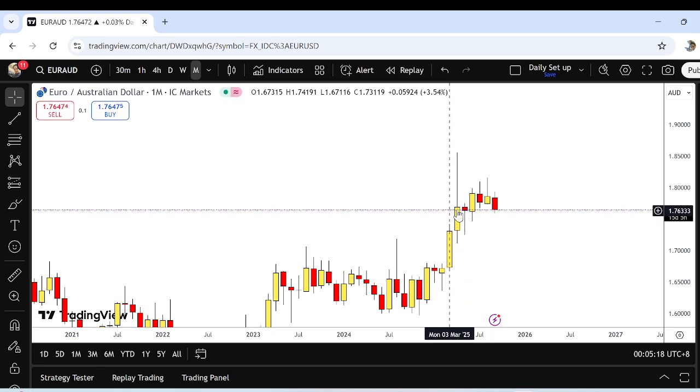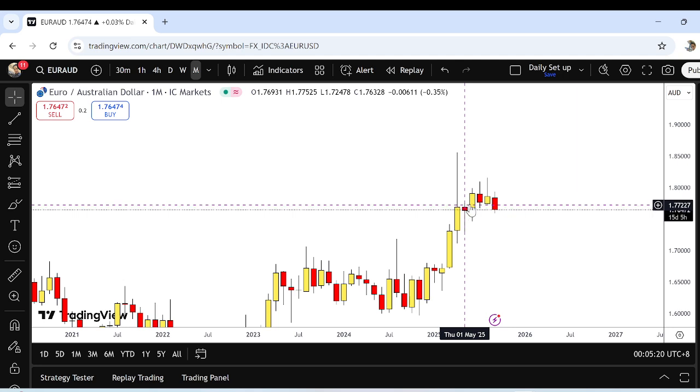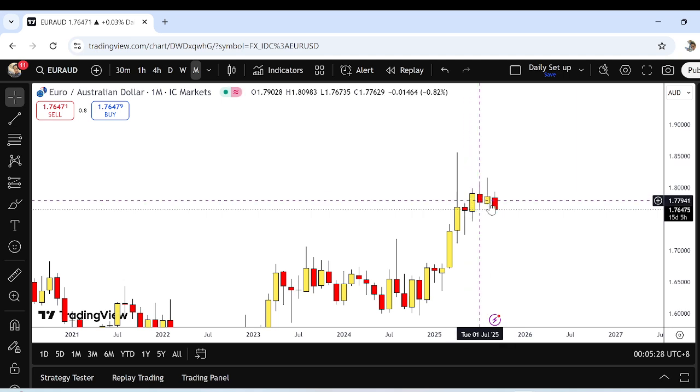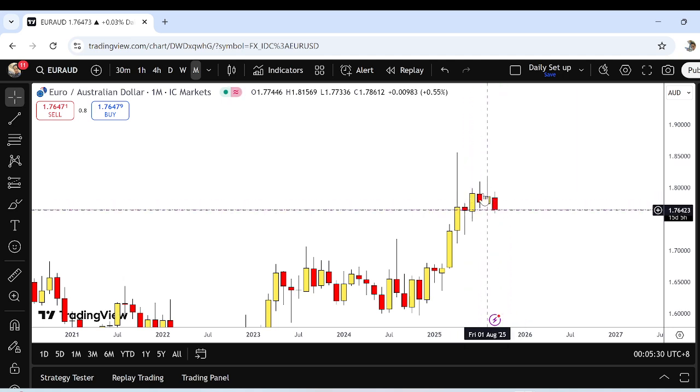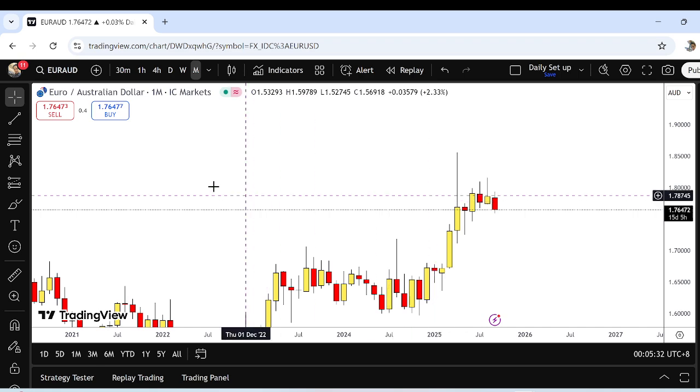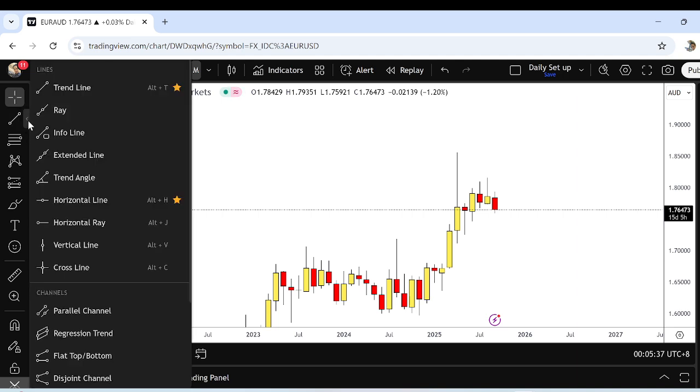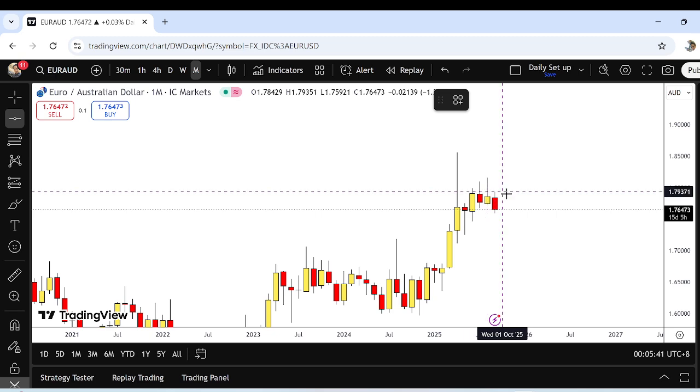If this is the mother bar, this is the inside bar. Price is still within this mother bar, as you can see right now. As I shared with you guys, if you look at this kind of mother bar, would you want to mark the low or the high? In this case, it's more into marking the previous high, because price has not been able to push past the previous high for a few months now.